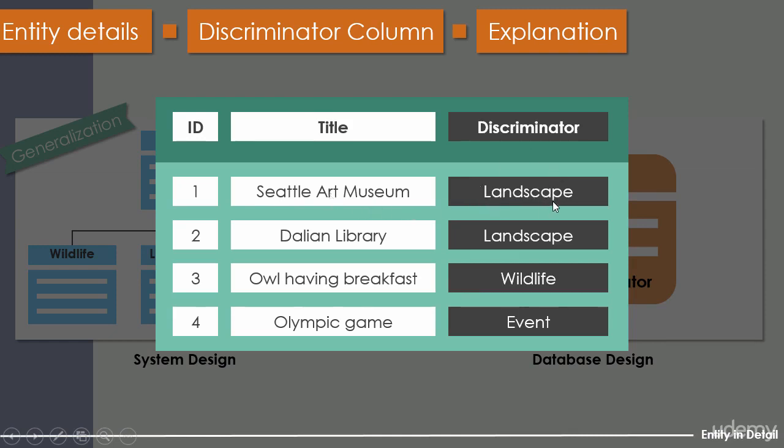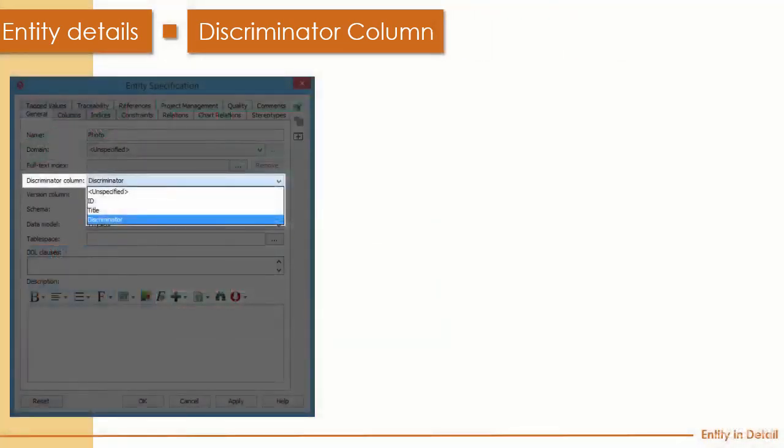You define landscape. So when you load into memory, we will load the landscape objects rather than wildlife or event. And if you take an Olympic game, this is a kind of event. So the engine will understand when we reach this row, we will return the event object to you rather than the landscape or wildlife. So it is so powerful, the discriminator column.